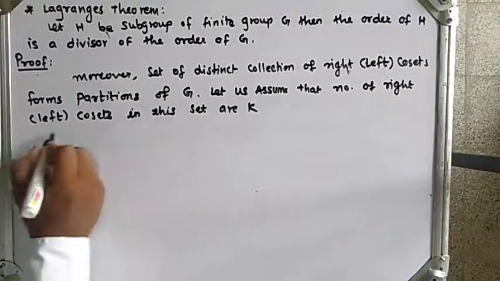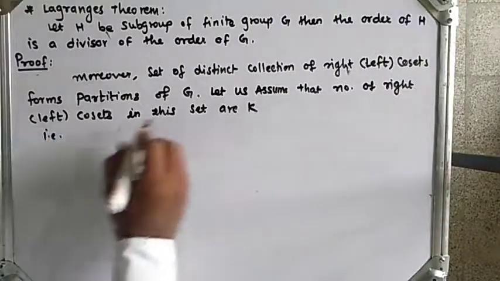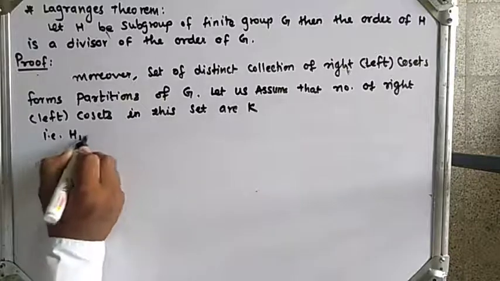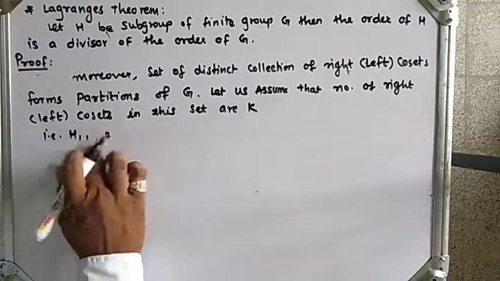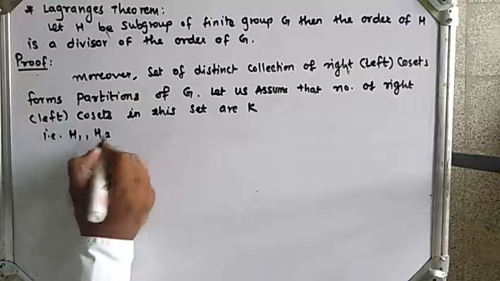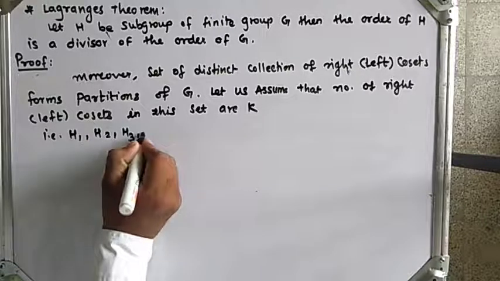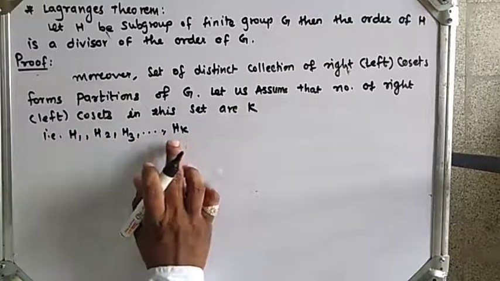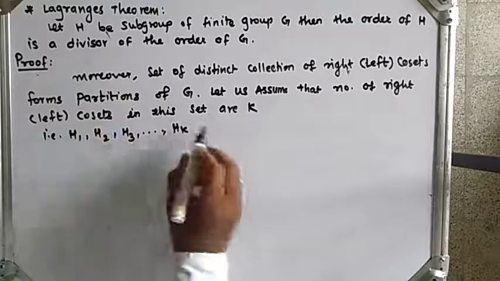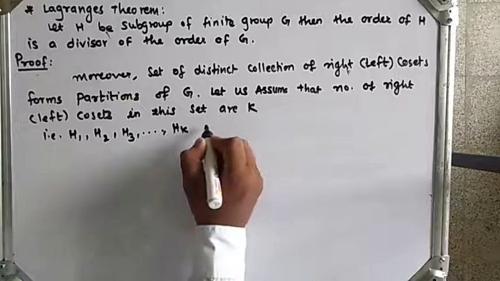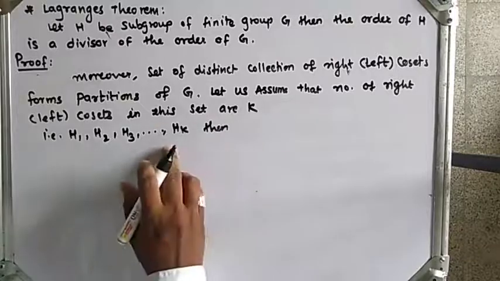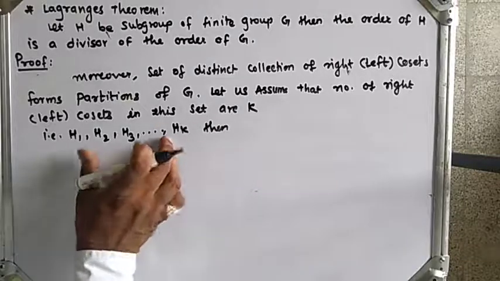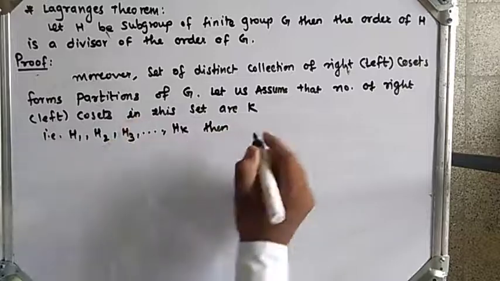So here we have h1, h2, h3 up to hk, all k sets. It forms a partition, meaning their union will be G and their intersection will be empty.